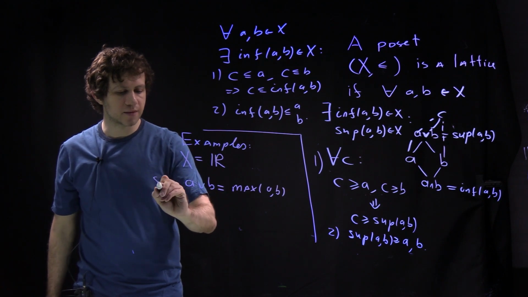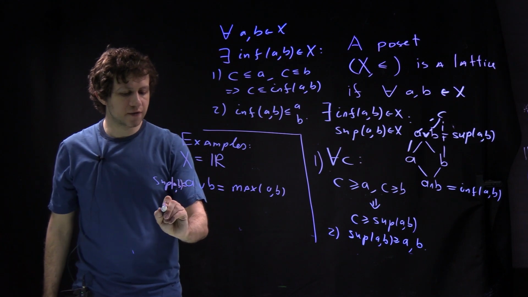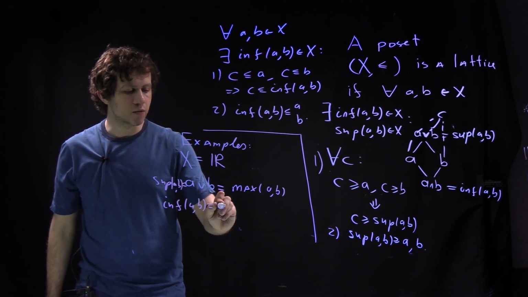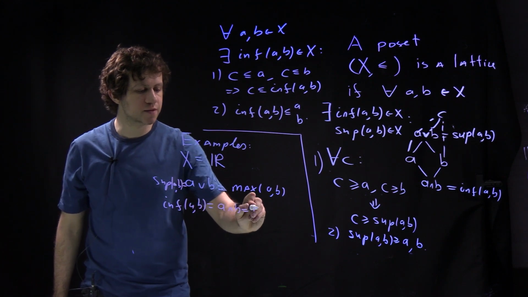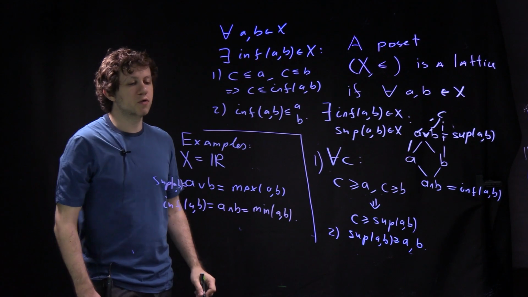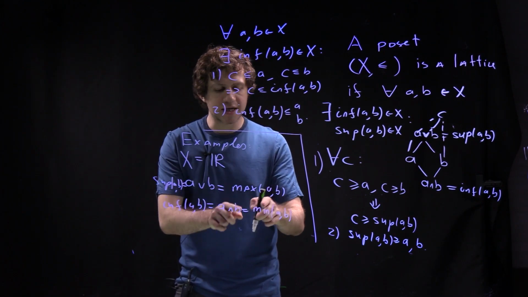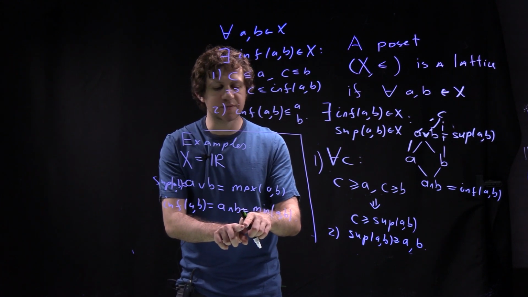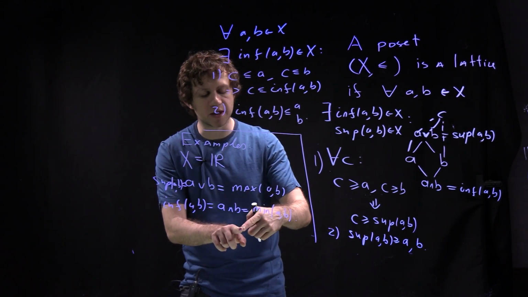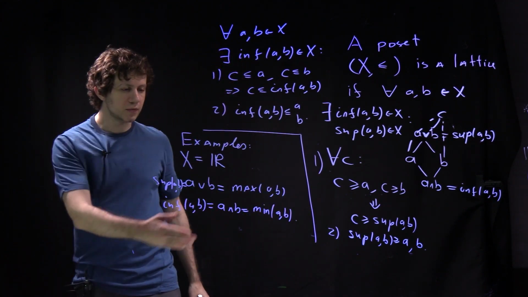So that's the same as supremum of A, B. And infimum of A, B, guess what it is? So the notation is this one, and this is the minimum of A and B. And of course, if you have two numbers, then the maximum of A and B can be characterized by the fact that it's greater or equal than A and B, and every number greater or equal than both of them is greater or equal than the maximum.